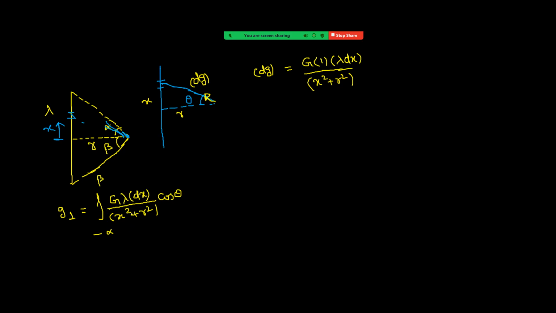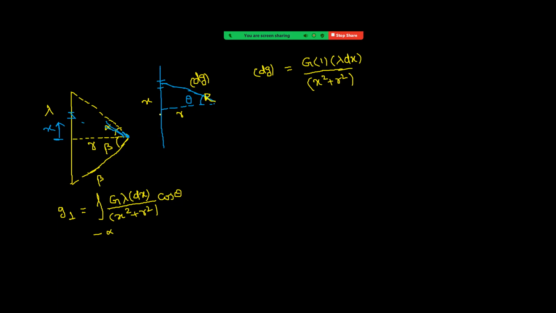If you see the result carefully, here x is a variable, theta also is a variable. So we want to convert this into a single variable. Then see how to connect x and theta.